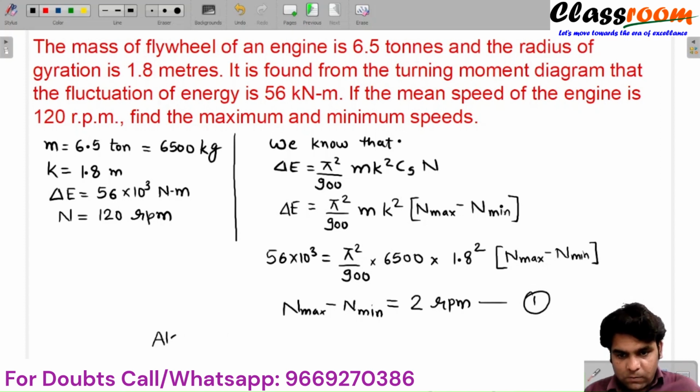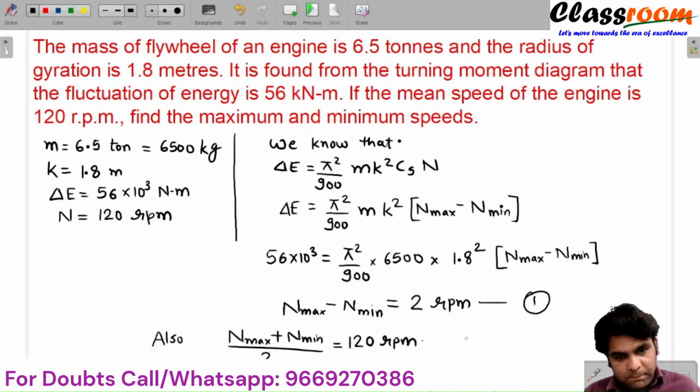Also, you know that the mean speed of the engine, Nmax plus Nmin by 2, is equal to 120 rpm. This is the second relation.